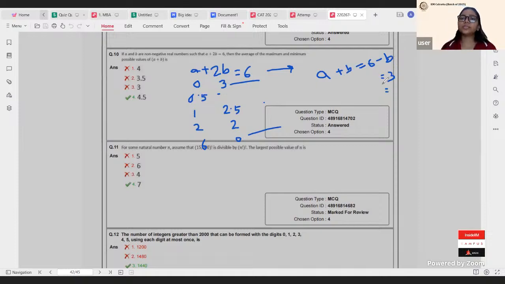So when the minimum value of b is 0, a plus b is 6, right? Because a plus 2b is 6, so 2b should be less than equals to 6 for b to be a non-negative integer. Since it is non-negative, it can also have 0. So in that case, because of this, I also considered these two extreme cases of a and b to be 0, right? So this is done.